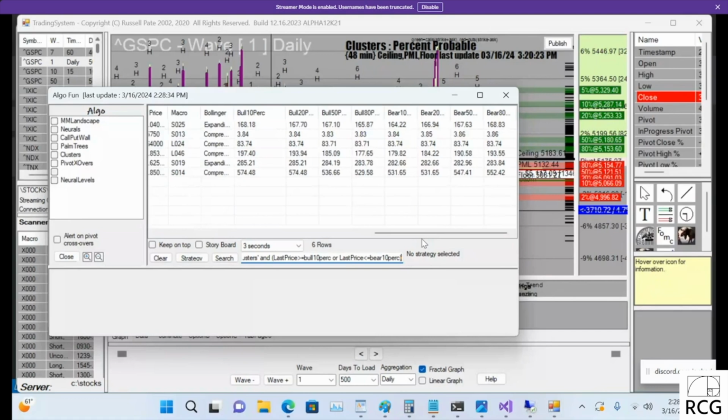So you would say, okay, I want to take that cluster script, and here are the additional instructions I want you to use for executing against the orders.